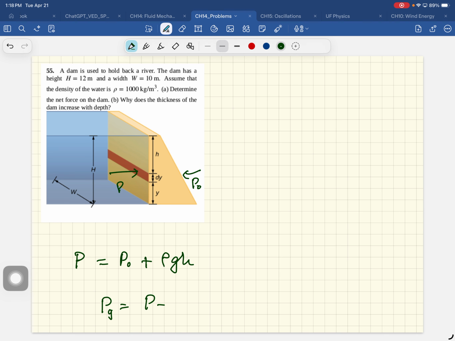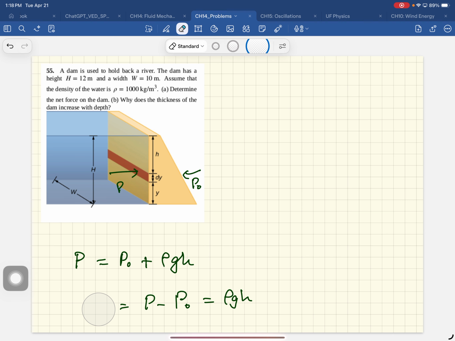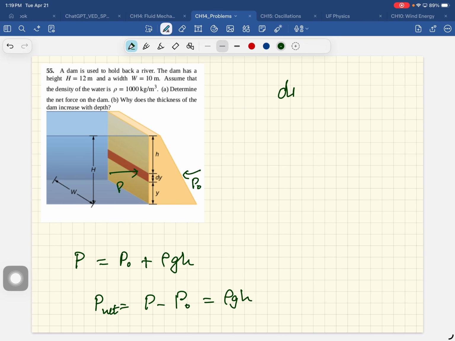This is a constant, so when you integrate, you get rho g H y, and the second term will be rho g, and the integral of y is y squared by 2. Then the limits are 0 to H. So the first term becomes rho g H squared, minus rho g H squared by 2. So this is rho g H squared by 2.